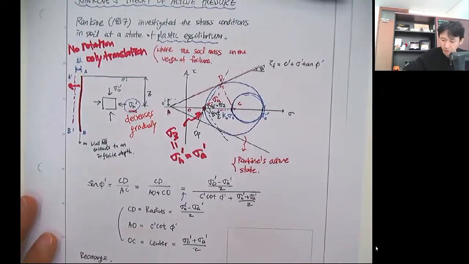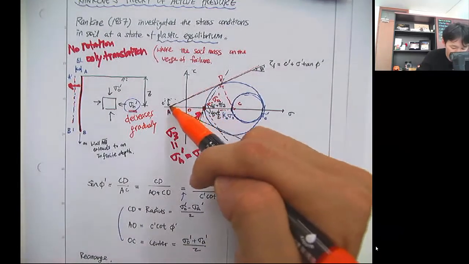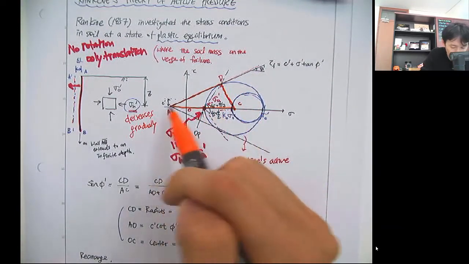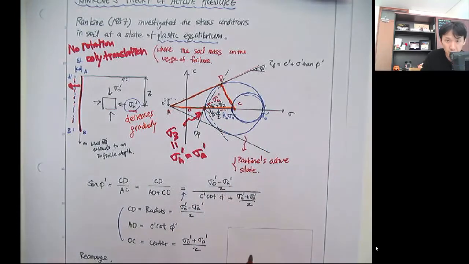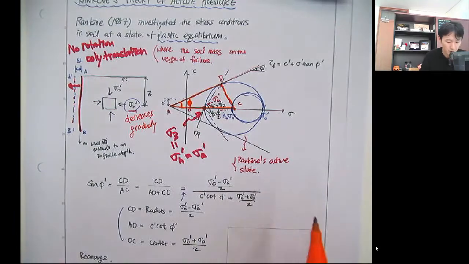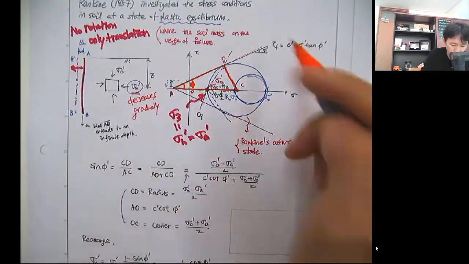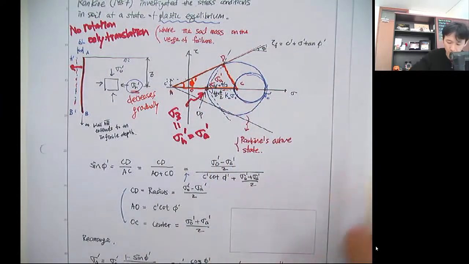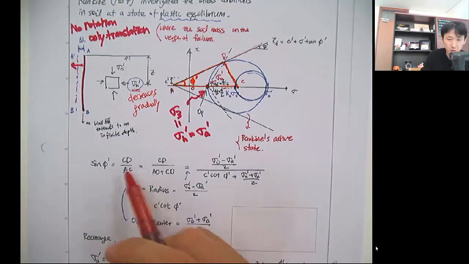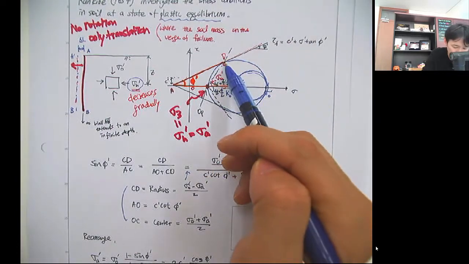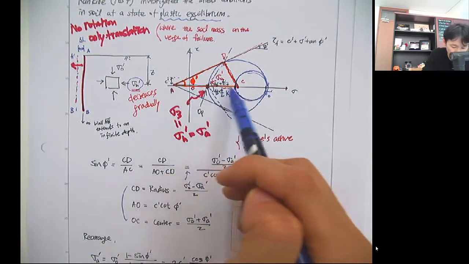So let's look at this little triangle ACD. Then this is phi, and sine phi prime. Here, this is the effective drained friction angle, phi prime. Then sine phi prime is what? CD over AC. CD is here and AC is here.